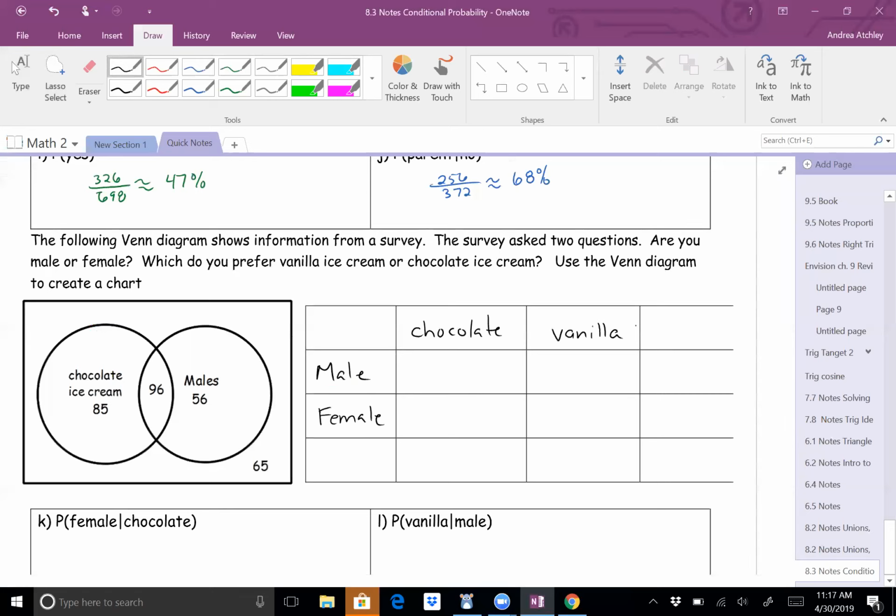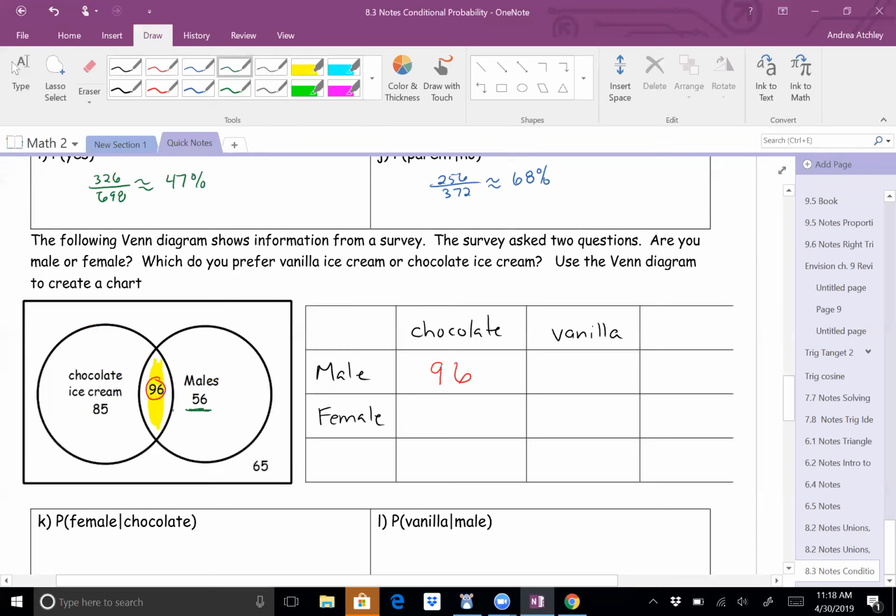Okay, the easiest one to start with is this middle. Start here. I have a circle that is chocolate and I have a circle that is male. So these people are males who like chocolate ice cream. Does that make sense? So this is 96 and it goes right here. That leads us to these people here.